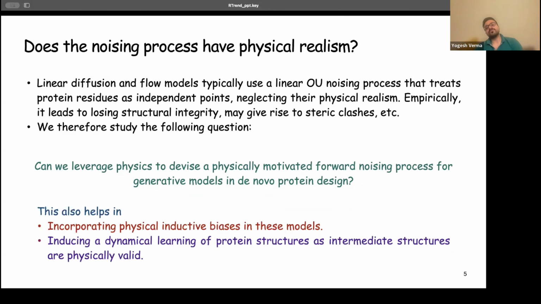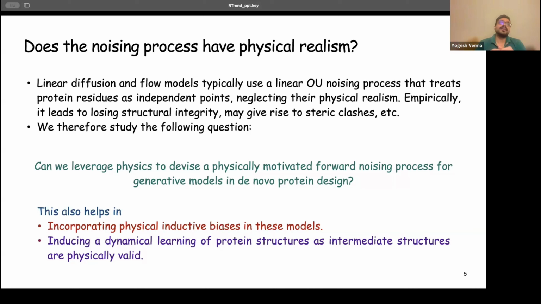This also moves these models more towards dynamical learning for protein structures, because currently we only learn a static structure that has been observed in X-ray crystallography or is available in the PDB. But using a physically motivated process, the model learns how the internal physical correlations work inside a protein structure, and becomes a little more robust in the conformational landscape of a protein structure.